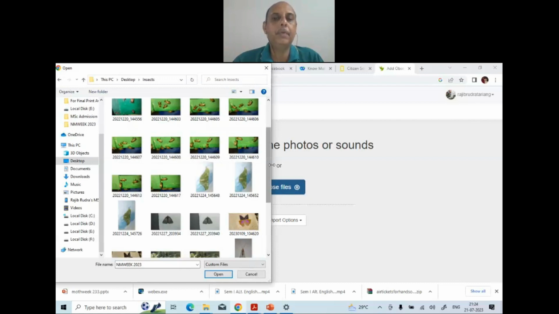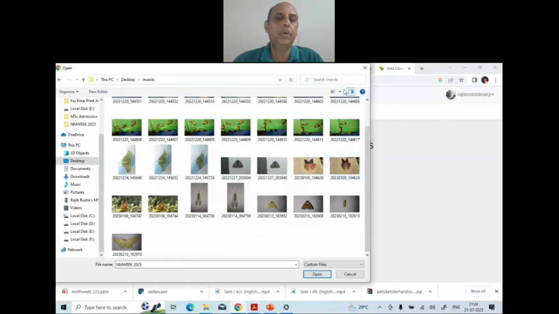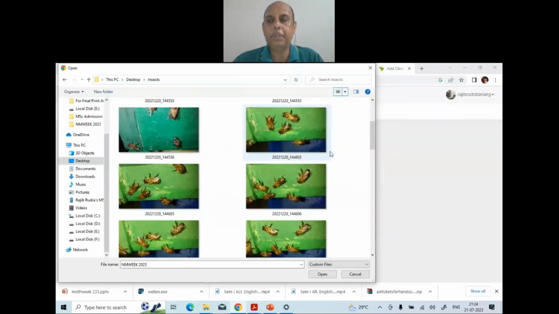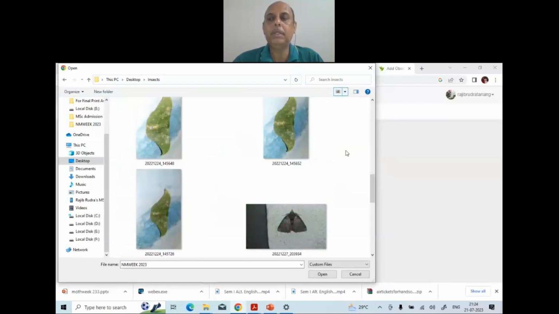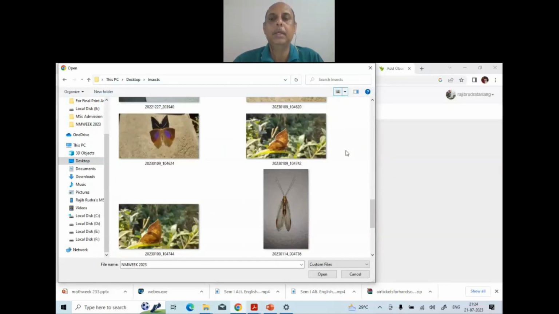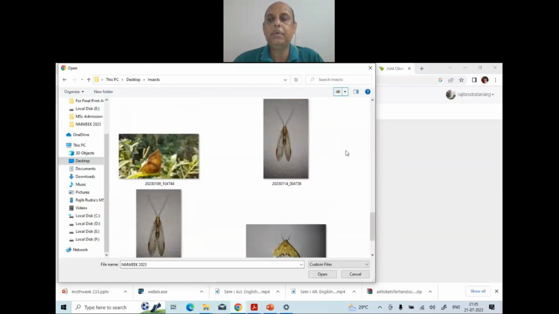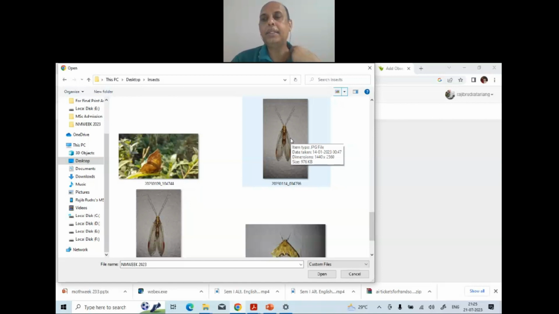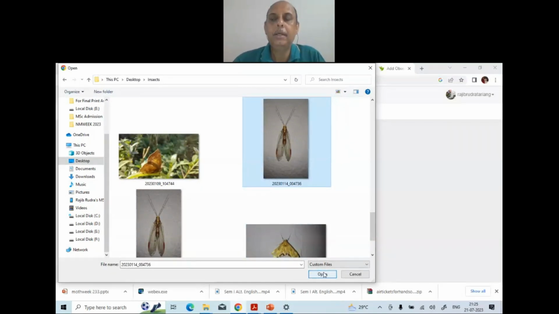So many insects are there. Some are the honeybee, some are moths, some are butterflies. This is another insect, so let's upload this one. It is not a moth. It is another insect.